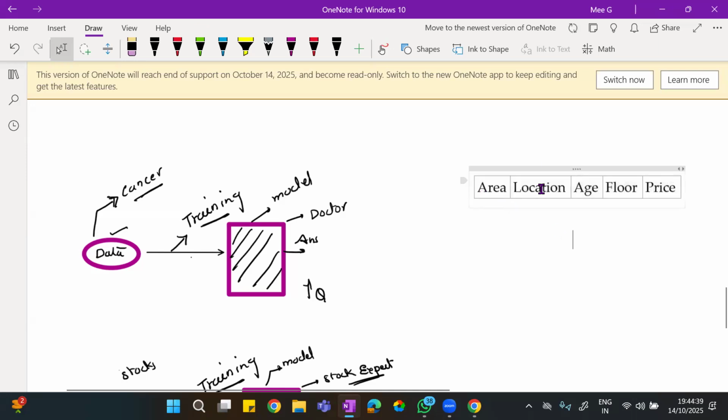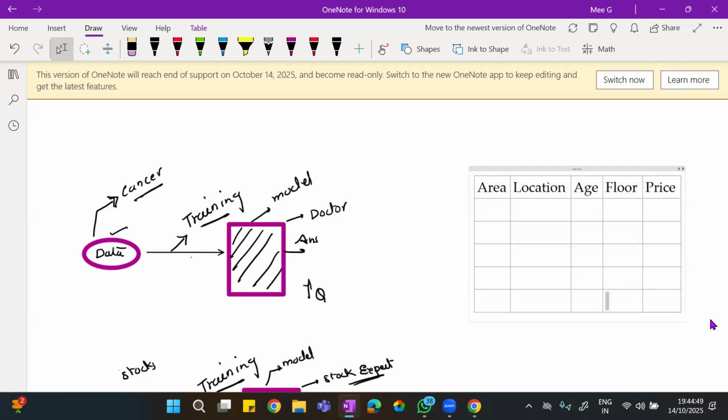Okay, area, location, age, floor, and price. Now, this is the data we are going to give it. Maybe different locations, different flat areas.